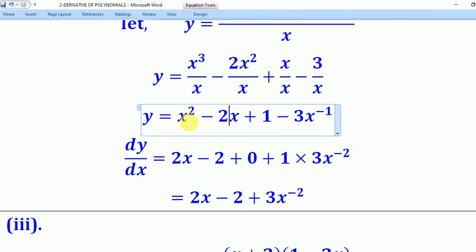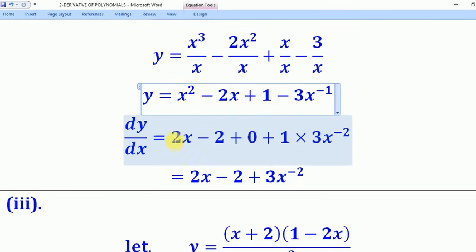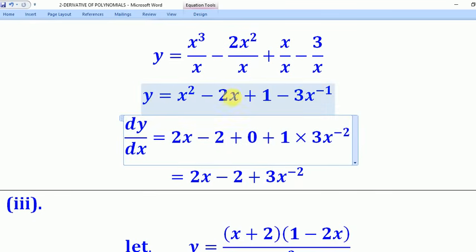Now it's in the form of a polynomial, so you can differentiate. Differentiating x squared will give you 2x, differentiating 2x will give you 2, differentiating 1 will give you 0. Remember, 1 is a constant. Then differentiating this, we first bring down the power to become negative 1 times negative 3 to give you positive 1 times 3.